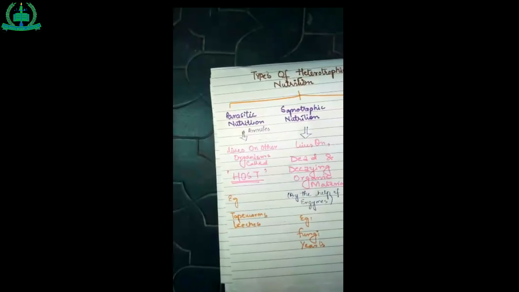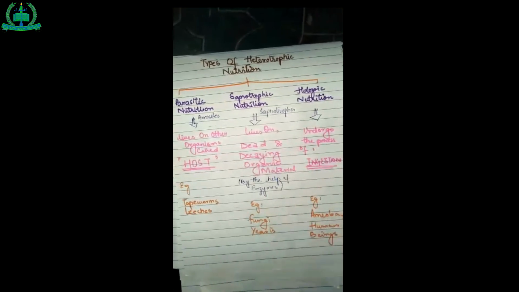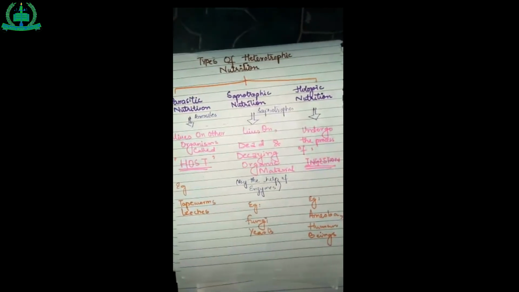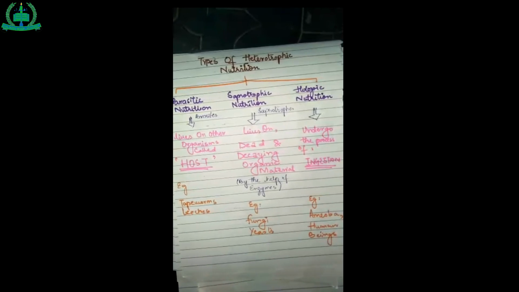So let's consider the next nutrition, saprotrophic nutrition. So saprotrophs क्या करते हैं? Saprotrophs live on dead and decaying organic material. They decompose the dead organic material, and they decompose it with the help of enzymes. So what is decomposition? The process of decomposition is the process of breaking up of complex material into simpler materials, right?